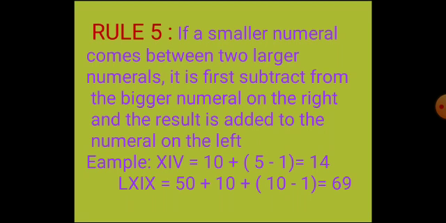First we write the left side values. L value 50 plus X value 10 plus, next we have to subtract I from X, that means 10 minus 1. 50 plus 10, 60, plus 10 minus 1 means 9. So 60 plus 9, 69, children. Do you understand this rule, children?